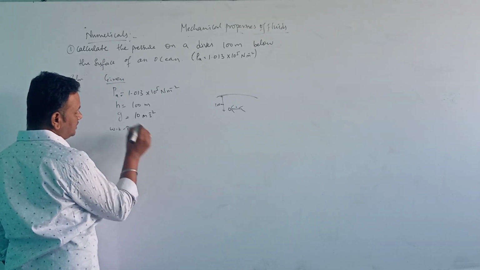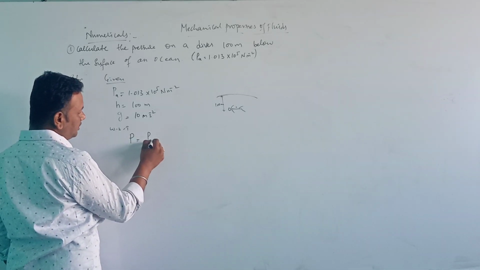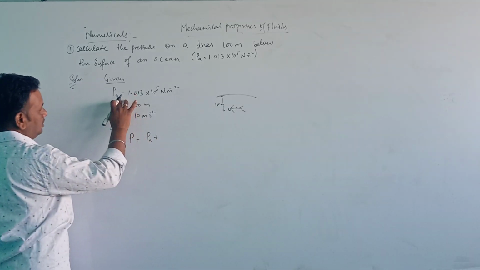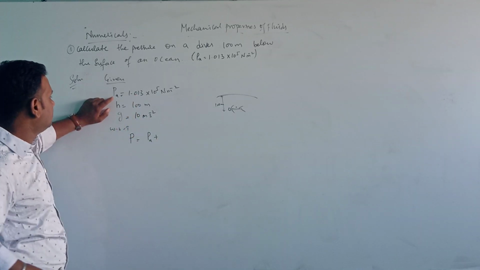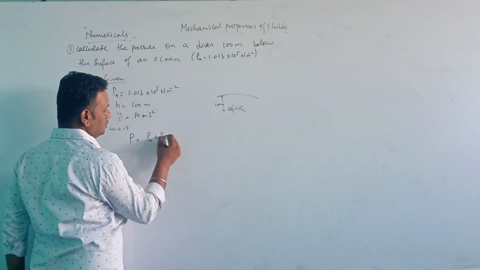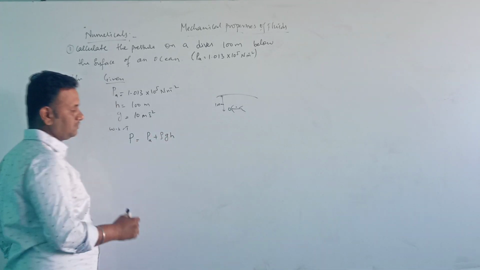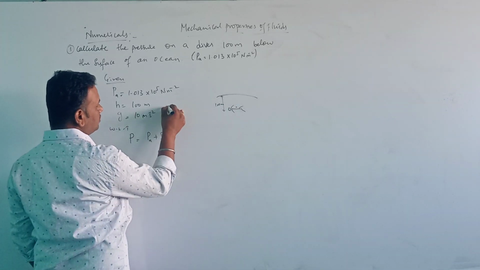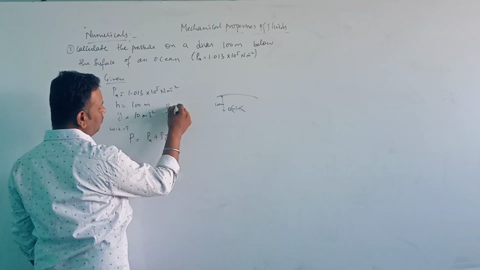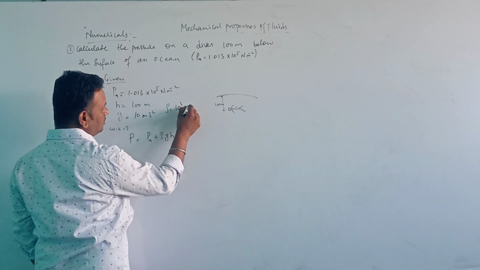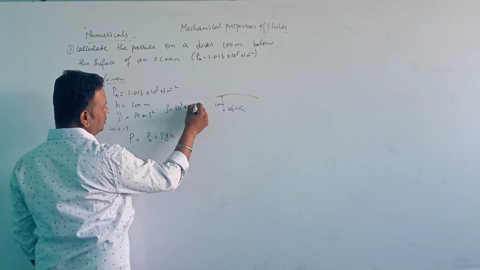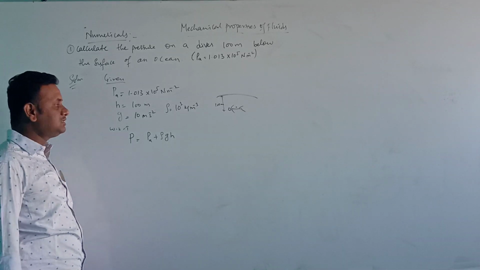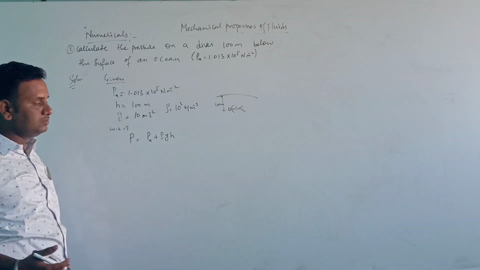Take the pressure P is equal to atmospheric pressure plus rho g h. Okay. So here rho means density of water. As you know that density of water is 10 to the power of 3 kg per cubic meter. As density means mass by volume.